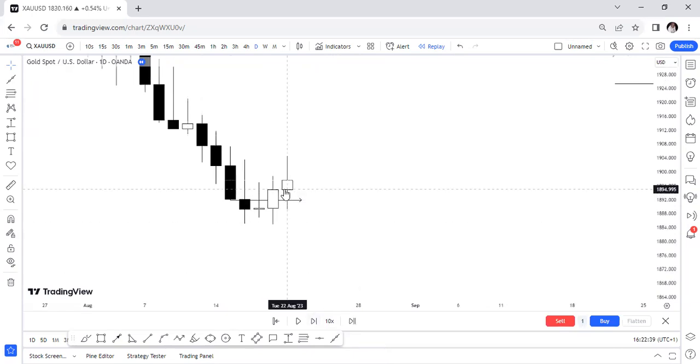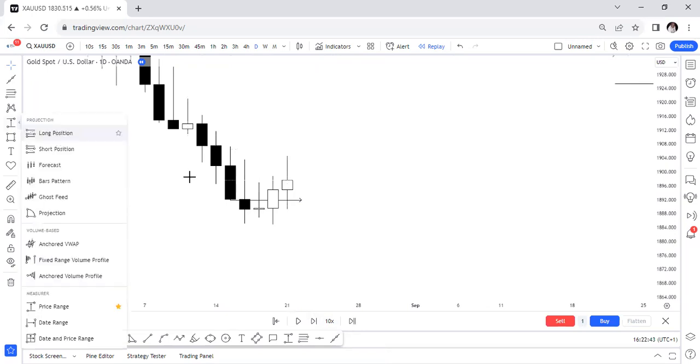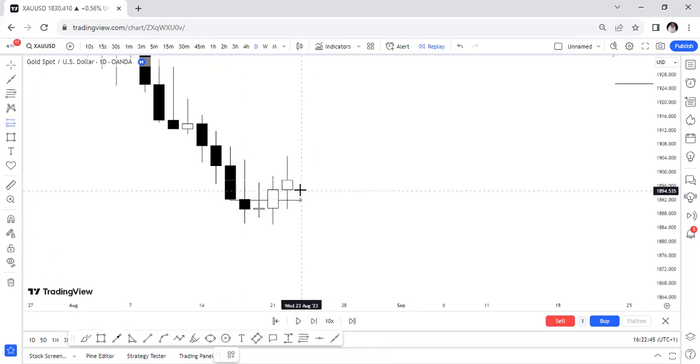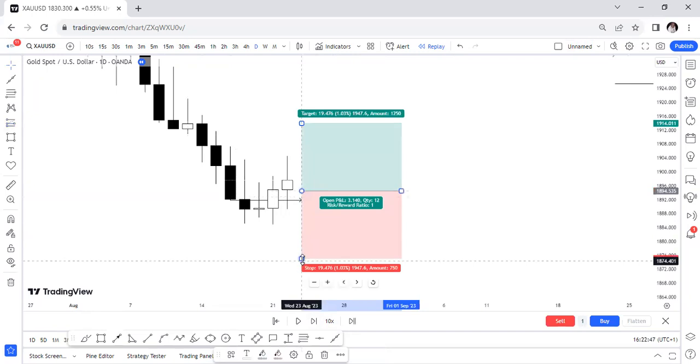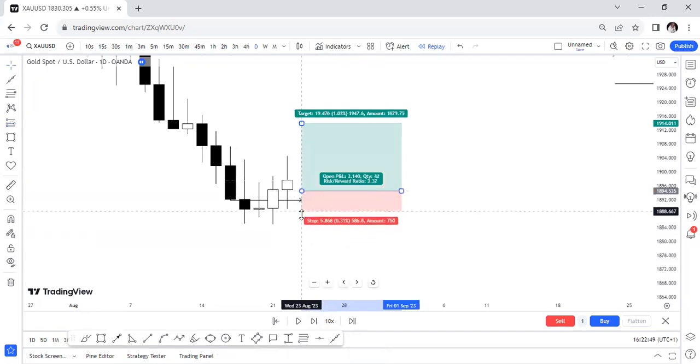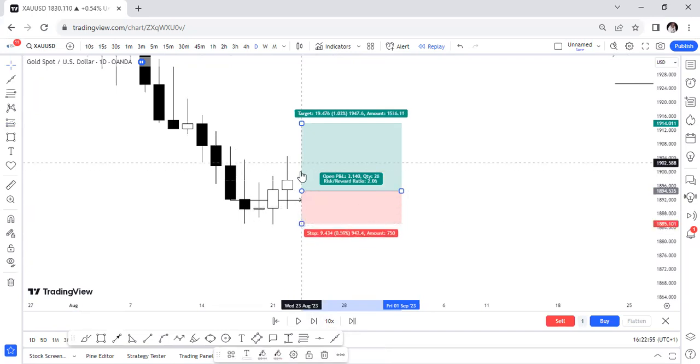You can imagine we have gotten our DC here. So you put up your long position, because you have seen a confirmation. Your stop loss will be below here for a safe mode. For aggressive, you can put your stop loss here, but for a safe mode, you put it here.